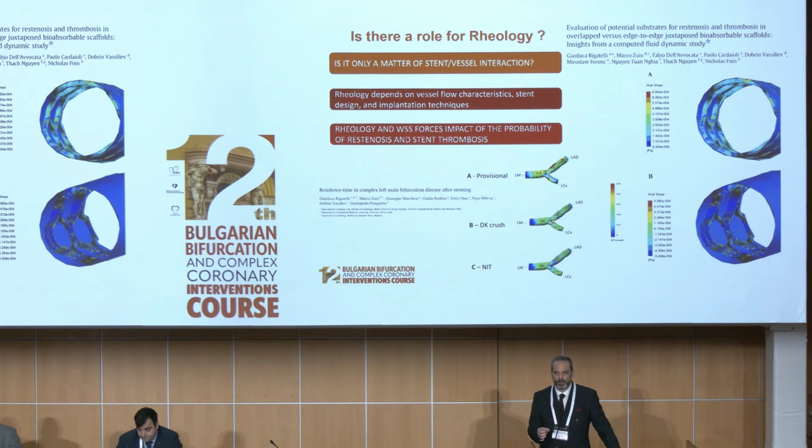So when we put a stent, whatever the stent is, BVS, no BVS, whatever, we change the local environment of the vessel. So usually we lower wall shear stress forces in some part of the vessel and we increase wall shear stress forces in another part of the vessel.